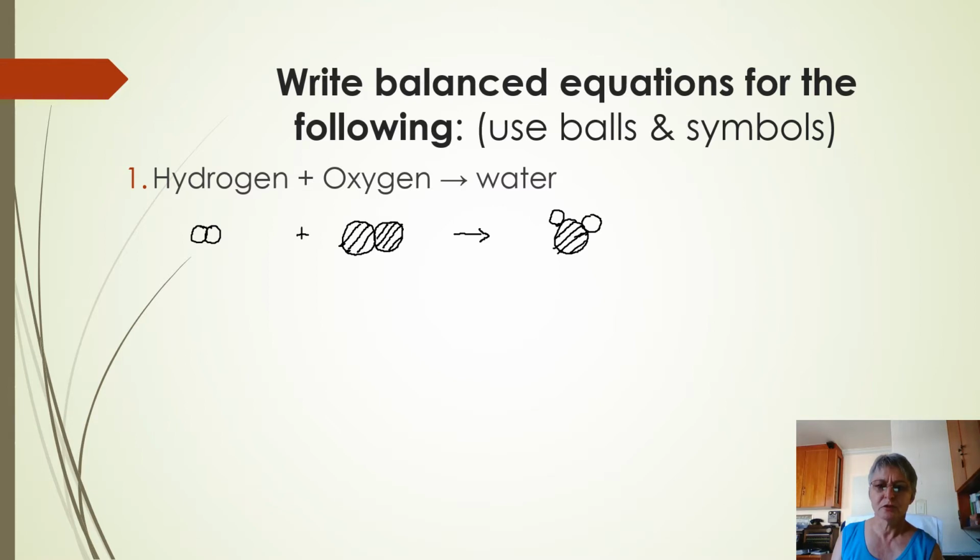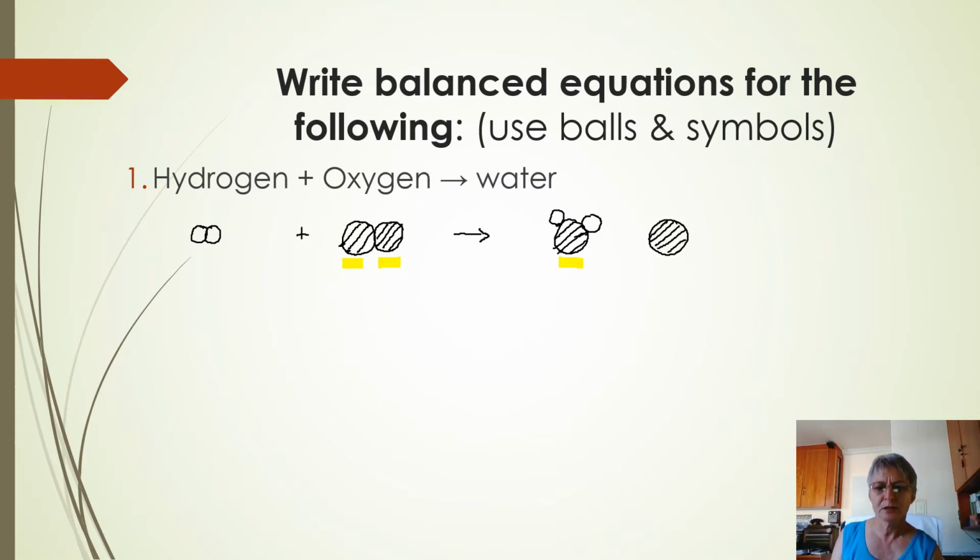Now, we must also remember that you cannot create or destroy matter. So, if I look at this, I've got on the right-hand side one oxygen atom, and on the left-hand side two, which is a problem. So we need to solve the problem. What we do is on the product side of the arrow, we draw another oxygen atom.